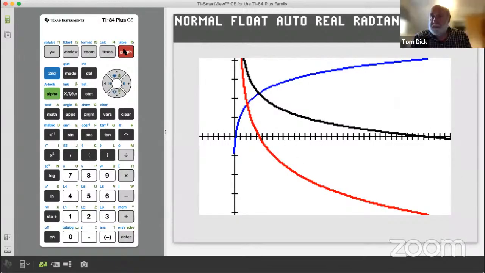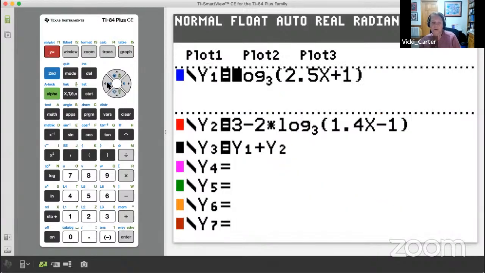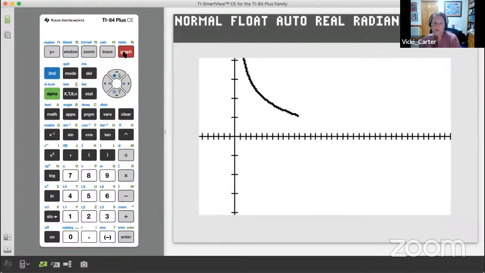I want to kind of speak to the students a second. So you've got 3 graphs going on and it's a little bit busy. So you've got to keep in mind what you're looking for and how you assign those 3 functions. Tom even mentioned maybe turning off Y1 and Y2 just so that you could see the one graph that you're most interested in. But not only that, you've got to keep up with what you're trying to find, which is your 0.